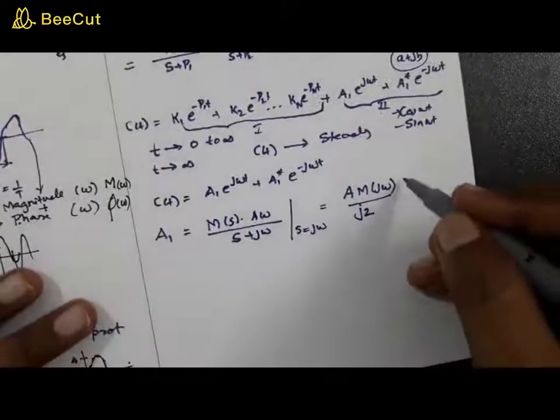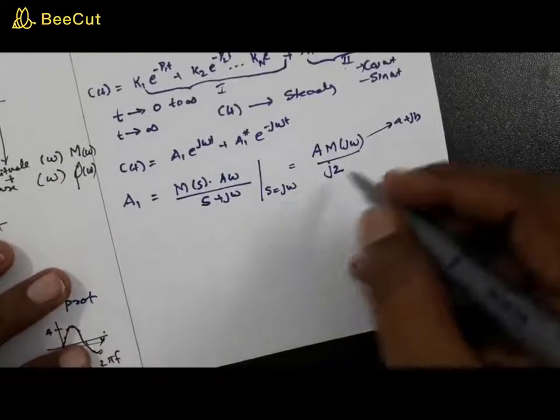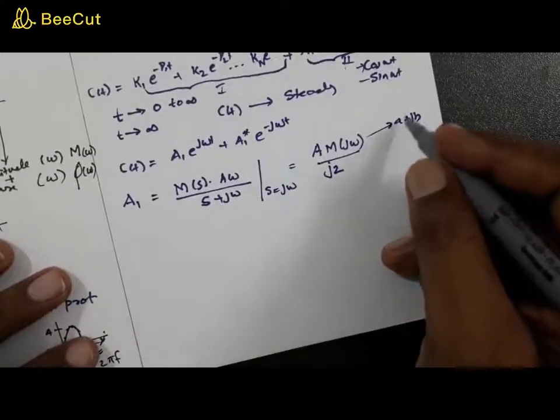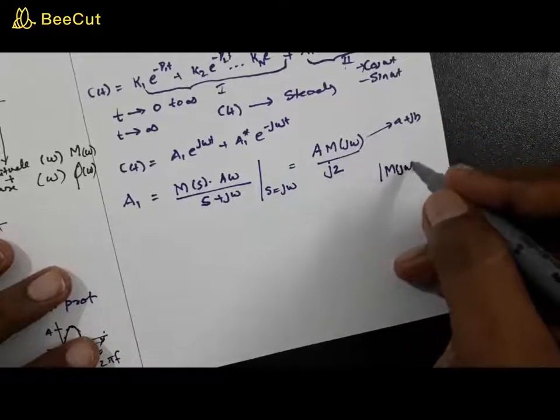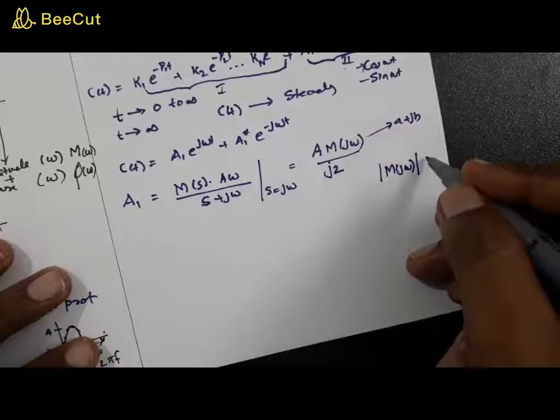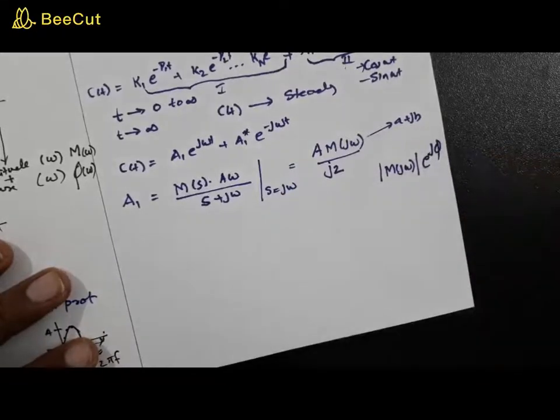Now this transfer function is of the form a plus jb. If M of j omega is of the form a plus jb, you can write this quantity as the magnitude of M of j omega and angle, or you can write it as e raised to j phi.